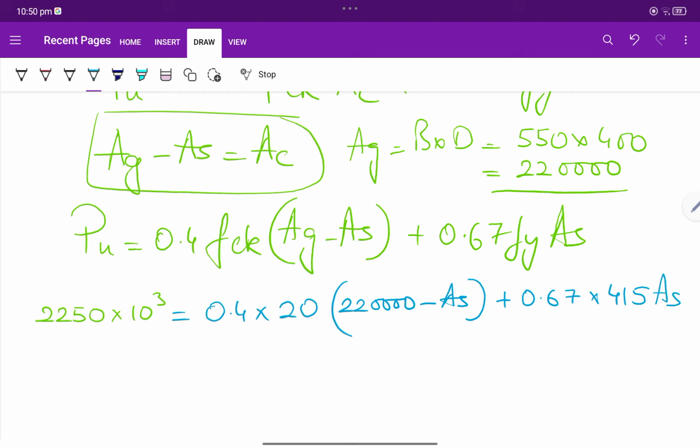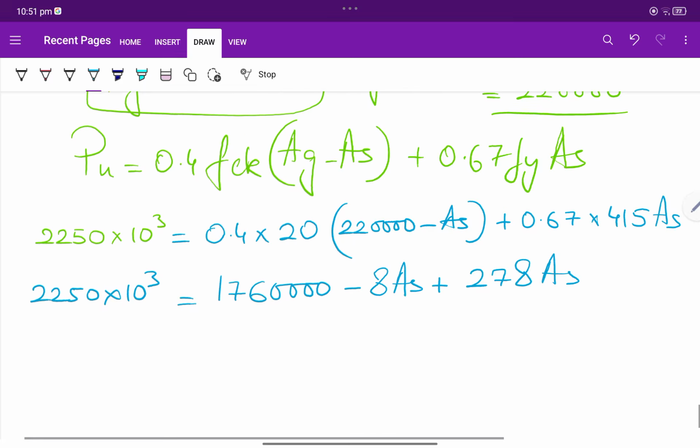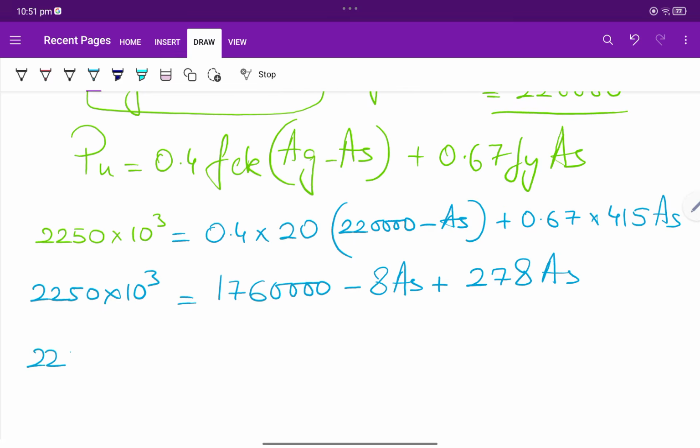Okay, so now we will calculate it. This side is coming to 17634 minus 8 AS plus 278 AS. So this side is 2250 into 10 to the power 3.